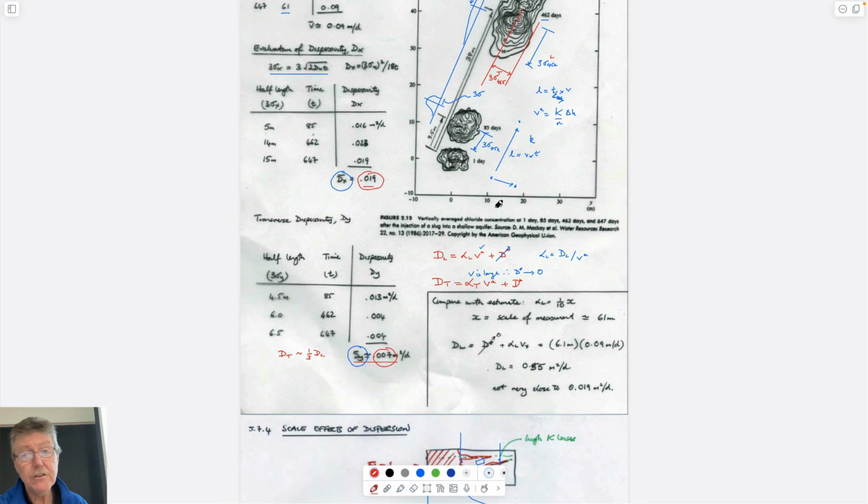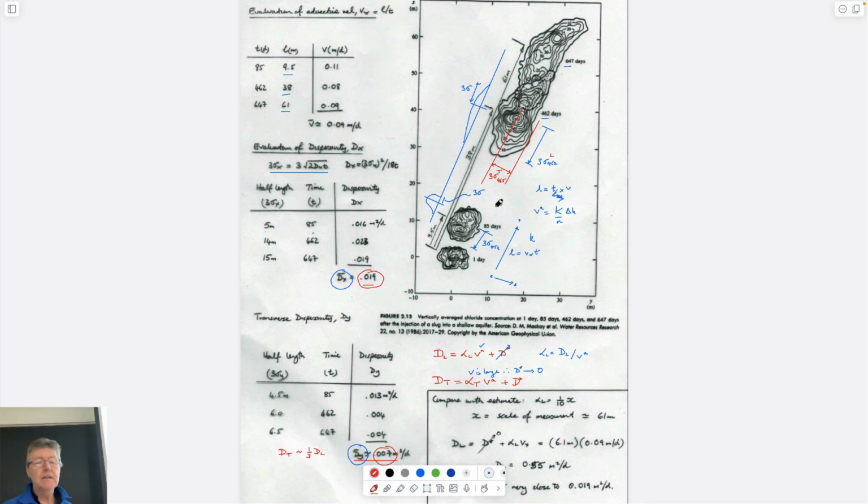And you see, I guess you could tell from these results, since the profiles of these contour plots, concentration fields, are extended in the down gradient direction, you know that the dispersion in that direction has to be largest because you know that, I can't write it there, you know that 3 sigma is equal to 3 times the square root, there's a 2 in there, isn't there? 2 d t.